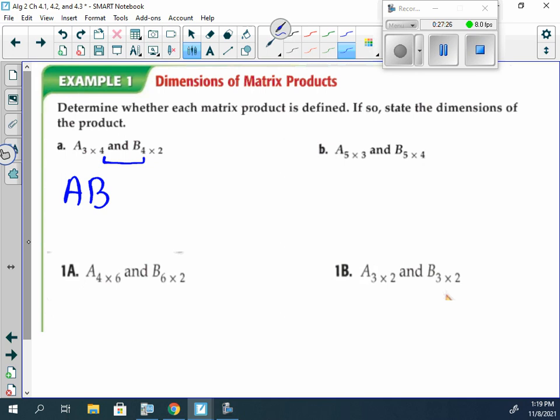So yes, we can multiply them. And what are the new dimensions? It'd be 3 by 2. And whenever you do these, you can rewrite them and see what's columns and what's rows, so we can see what's matching.